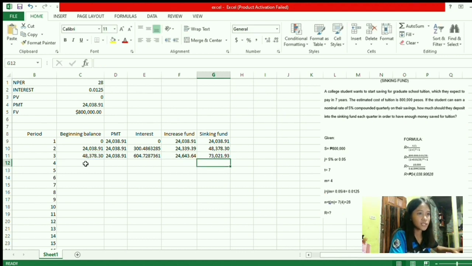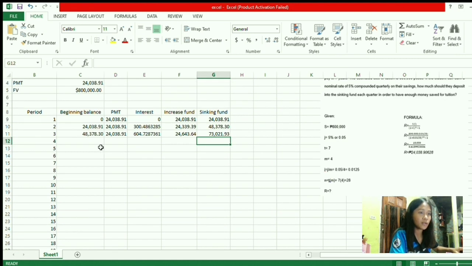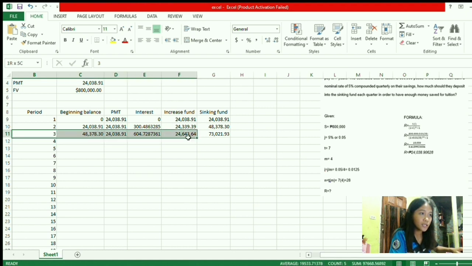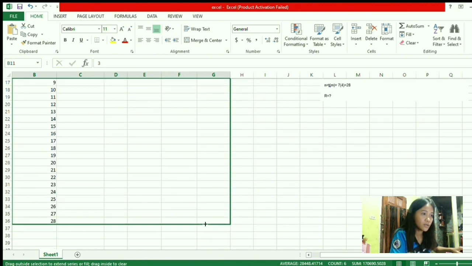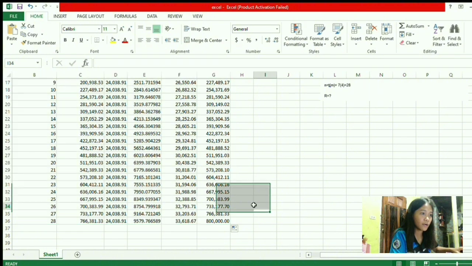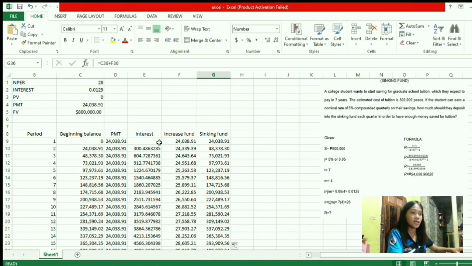Same process again and again to reach the 28th period, but there's an easy way to get that. We highlight these, click this dot, drag down until we reach the 28th period, and then there. So that's how we create a sinking fund schedule using Excel.